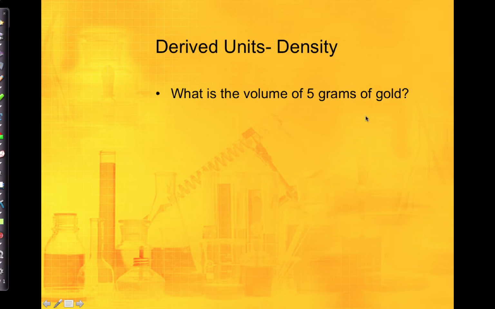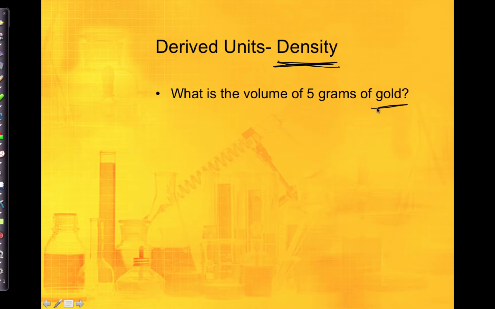All right, so density is an intensive property, which means that it is unique for every different substance. So if you have gold versus tin, they're going to have different densities, and their density should always be the same. So it doesn't matter how much gold you have, the density of gold is always the same.